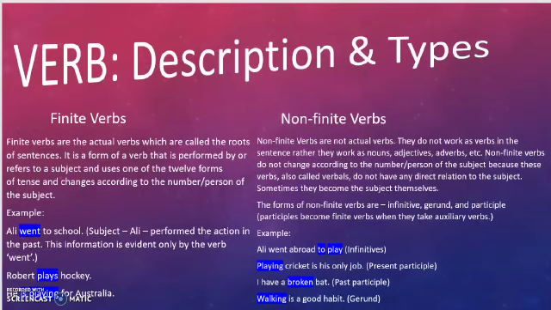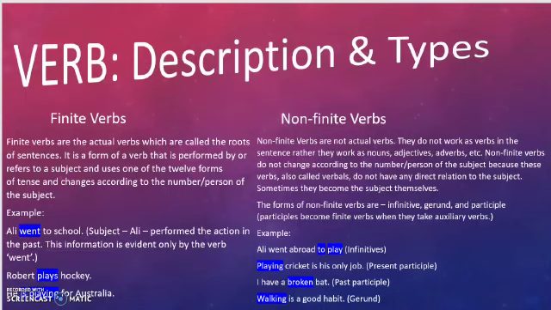Next one is non-finite verbs. Non-finite verbs are not actual verbs. They do not work as verbs in the sentence. Rather, they work as nouns, adjectives, adverbs, etc. Non-finite verbs do not change according to the number or the person of the subject because these verbs, also called verbals, do not have any direct relation to the subject.